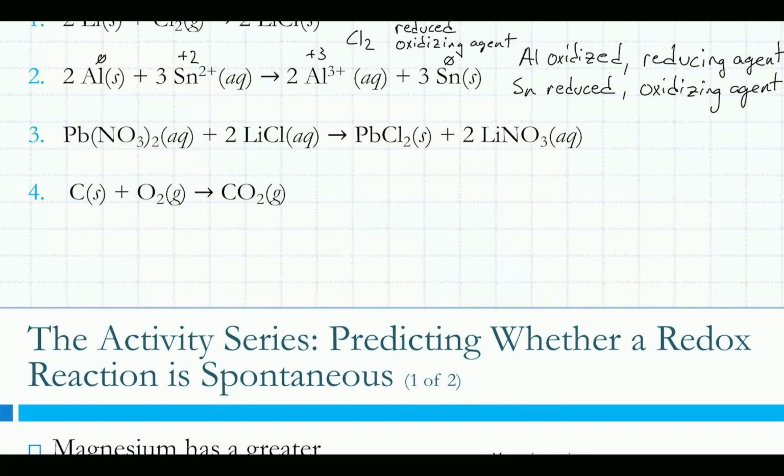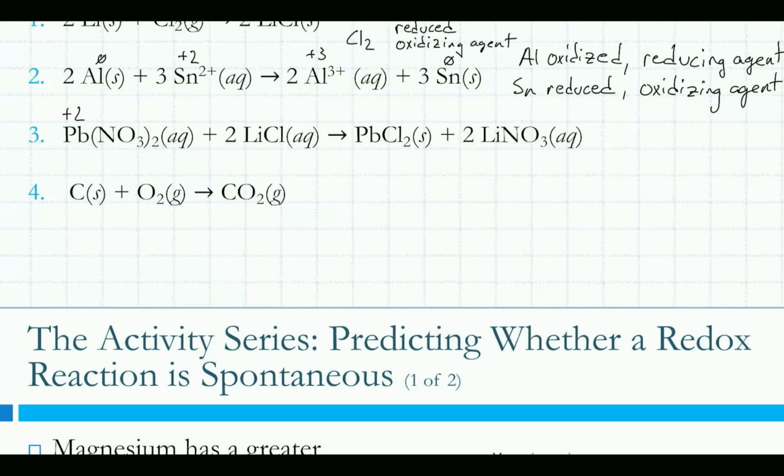Real quick check, first check you can do with redox reactions to see if it is a redox reaction is for ionic compounds, just look at their charges. Or think about their charges as their oxidation states. So lead here would have a charge of 2 plus, so its oxidation state is going to be plus 2. Yeah.